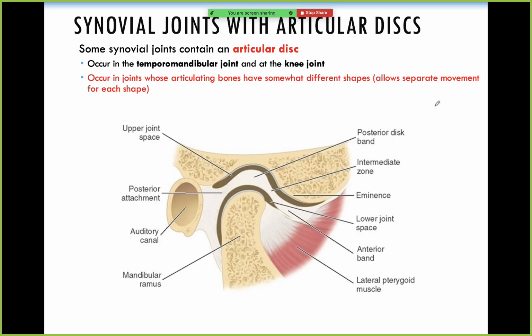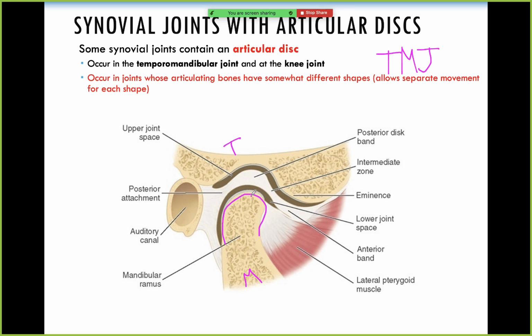Okay, so the first example that I want to give you is the TMJ, the temporomandibular joint. So let's write TMJ here because I don't see it written down anywhere on this slide. So this is the temporomandibular joint. Your temporal bone is here and your mandibular bone is here. And if you recall, this part is called the mandibular condyle.